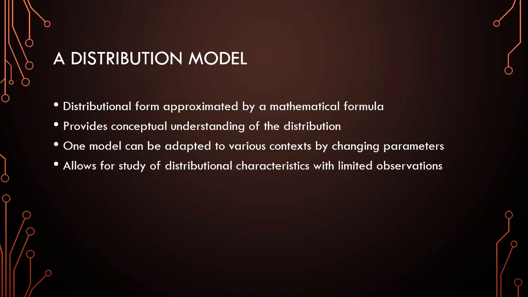A distribution model allows for the study of distributional characteristics with a limited number of observations. As we move forward in our study, you will learn more about how understanding distribution models helps us understand the nature of the variables in our research studies.